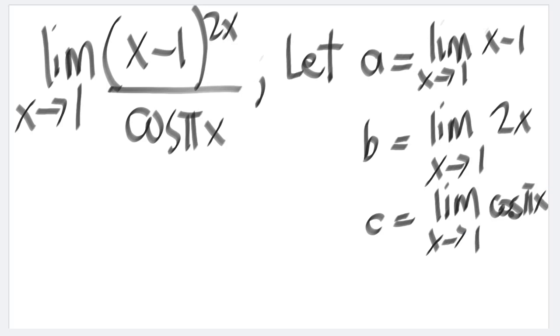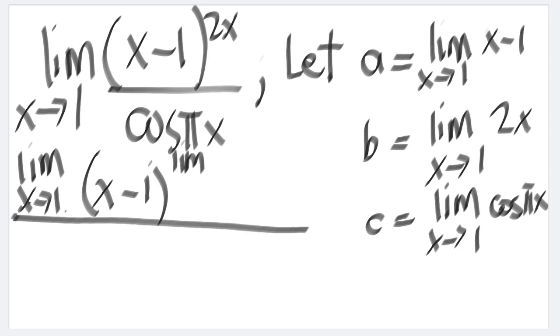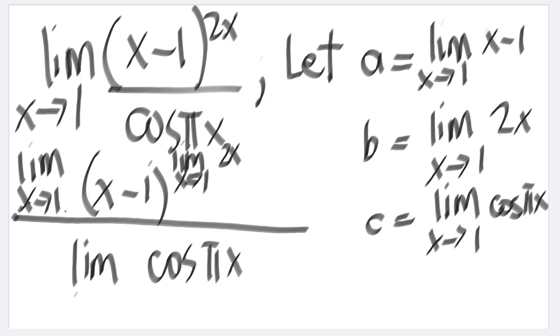Okay, so by the properties of limits, this would be the limit of x minus 1 as x approaches 1, raised to the limit of 2x as x approaches 1, over the limit of cosine pi x as x approaches 1.